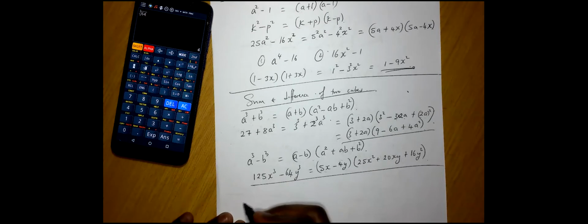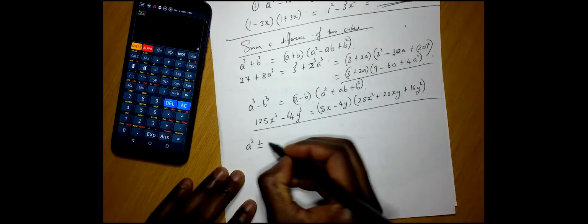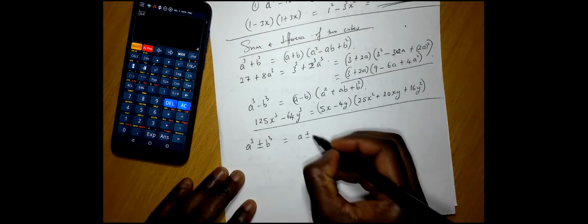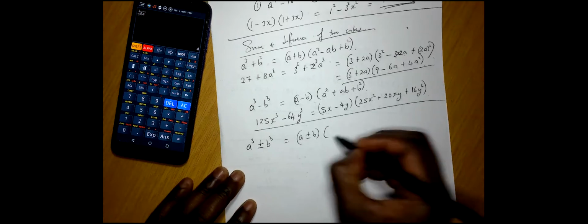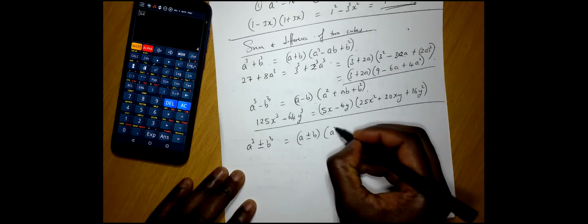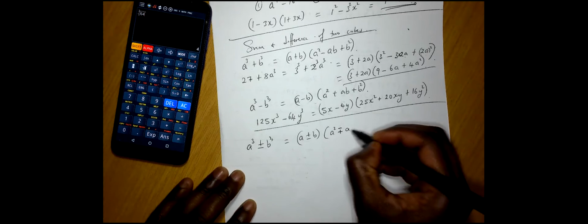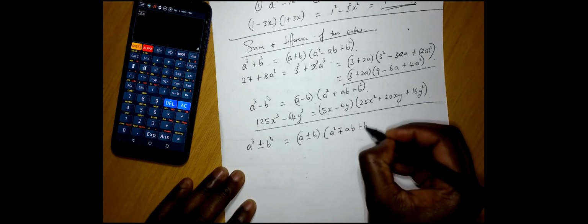This is how you solve the sum and difference of two cubes. In other words, a cubed plus or minus b cubed is going to be equal to a plus or minus b, in brackets, a squared minus, then positive ab plus b squared.